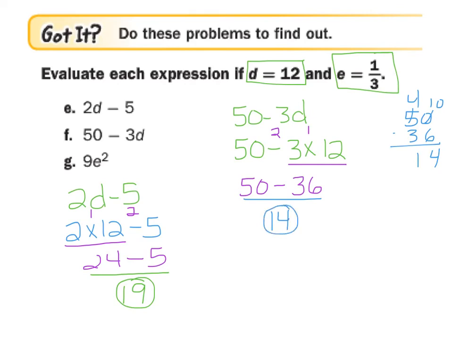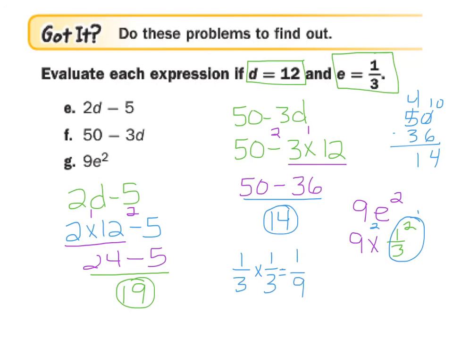So our last one, we have 9e squared. So rewrite it. We have 9 times 1/3 squared. So our exponents come first, then our multiplication. So we're going to take care of this first. So 1/3 times 1/3 is equal to 1/9.